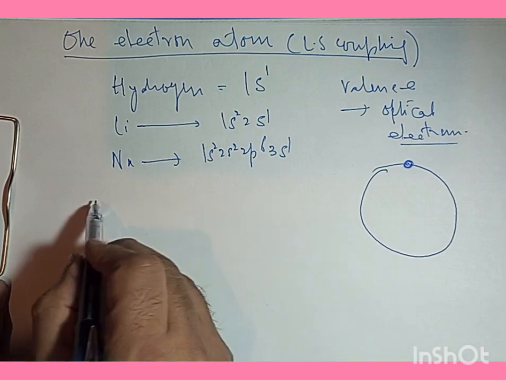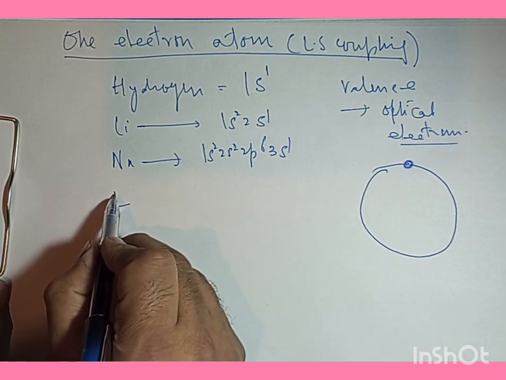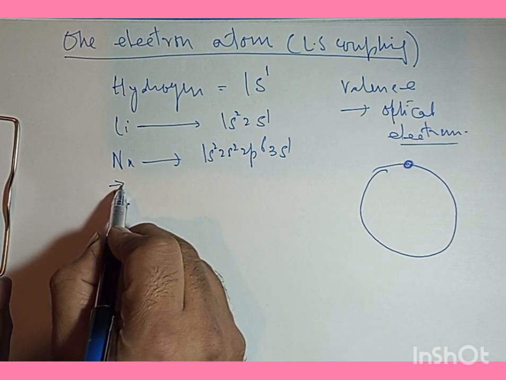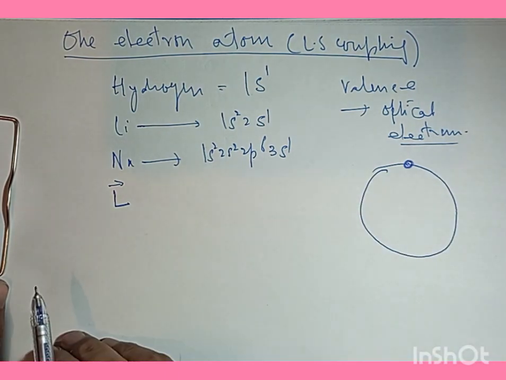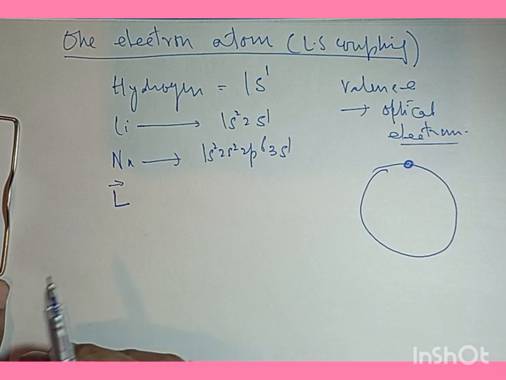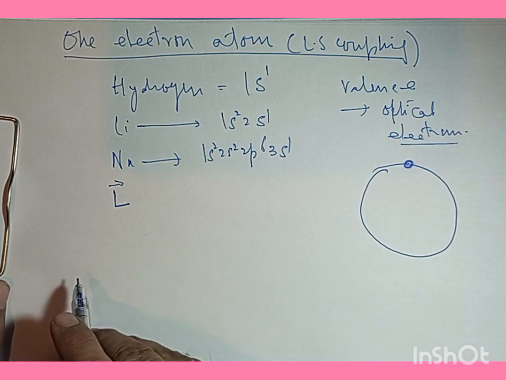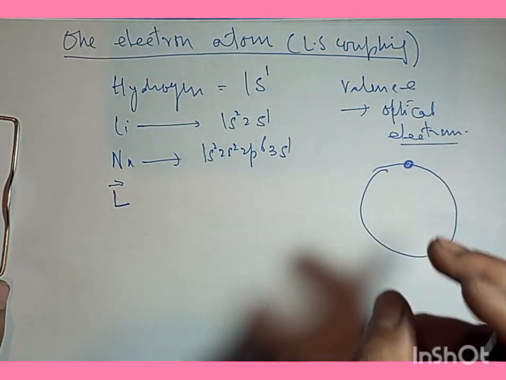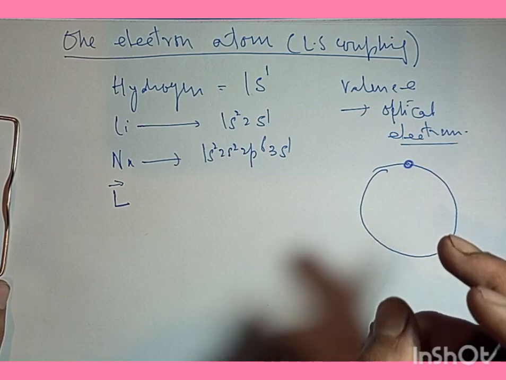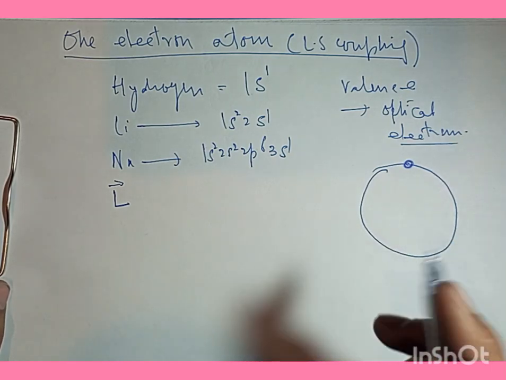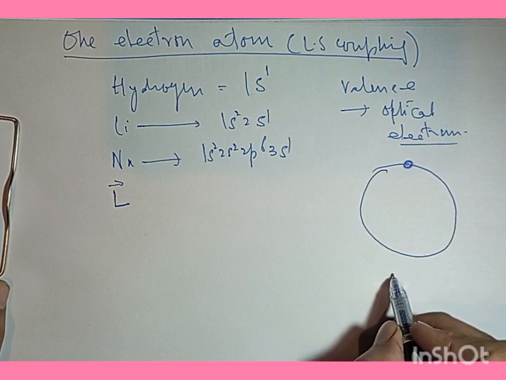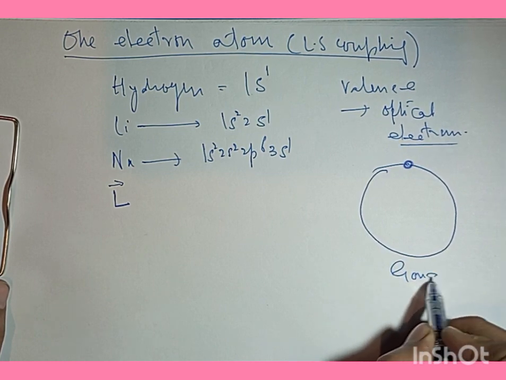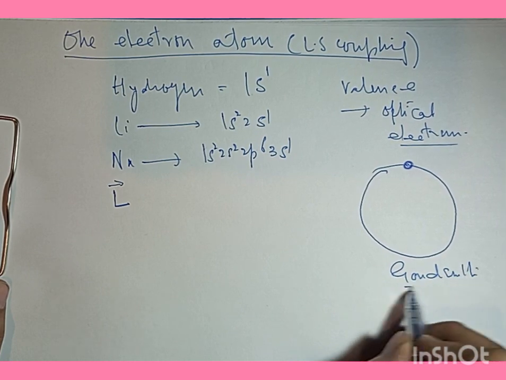Let me assume that this orbital angular momentum is L vector, and at the same time, this electron has spin angular momentum associated with it, because this electron has a spin, which was experimentally calculated and predicted by Goudsmit.